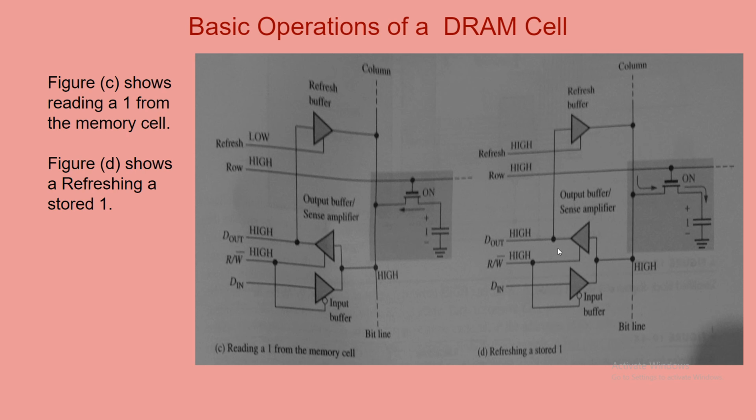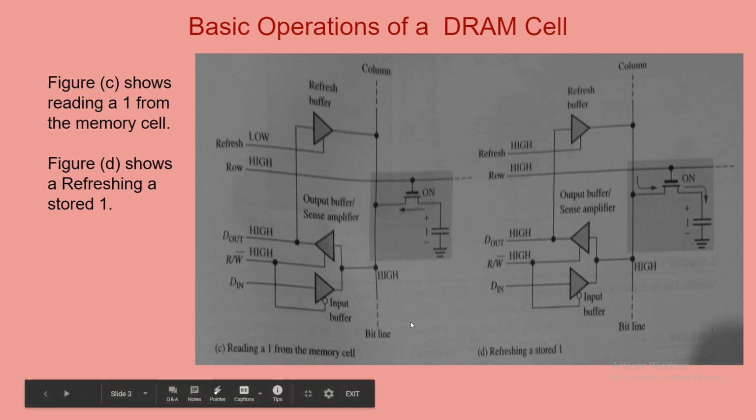Therefore the D out line is connected to the bit line, and in this way the capacitor charges again. It's a refreshing operation. Thank you.